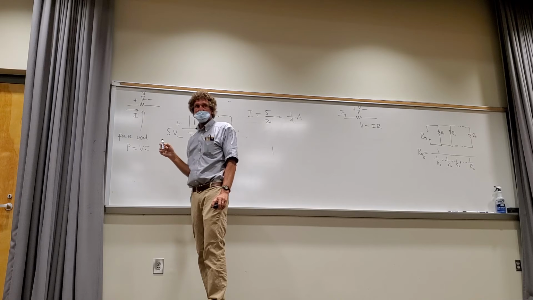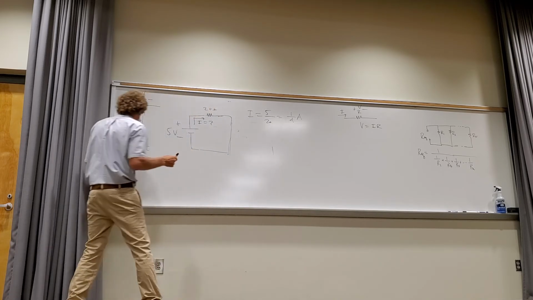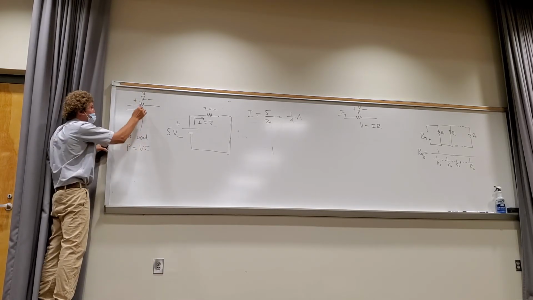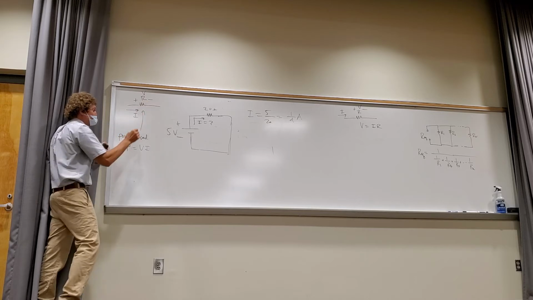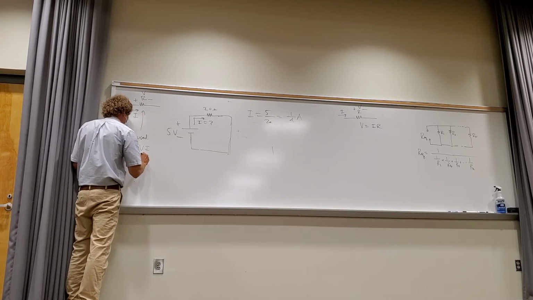Y'all follow me on that? It's the side the current is entering. So from that point of view, I can replace V right here with I times R, or I can get I squared R is the power.